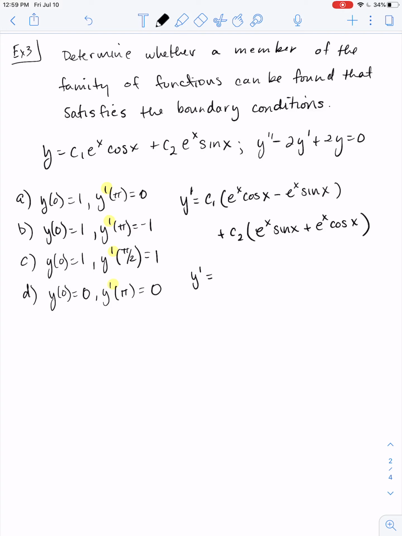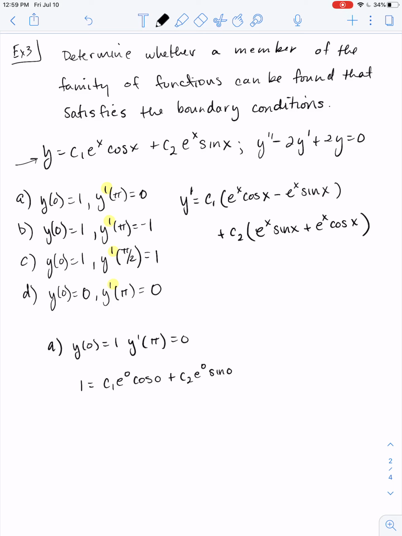So let's do letter A. I've got y of 0 is equal to 1, y prime of pi is equal to 0. So plugging in there, I'll have 1 equals C1 e to the 0 cosine 0 plus C2 e to the 0 sine 0.